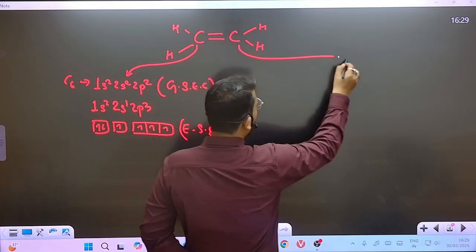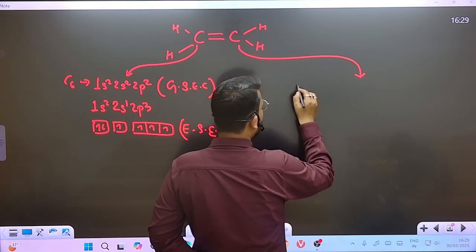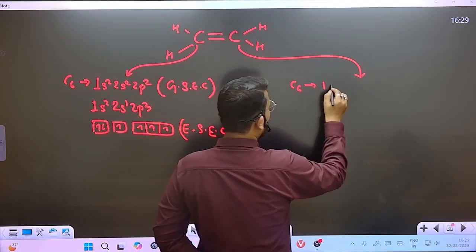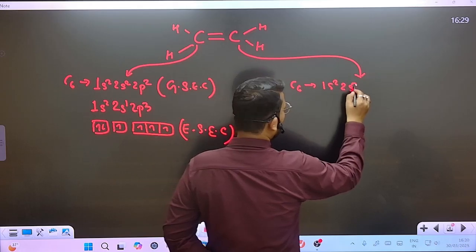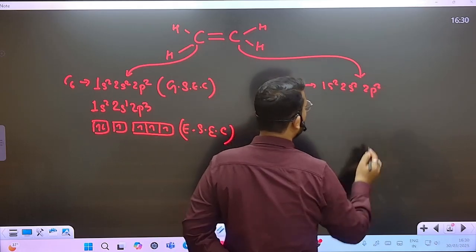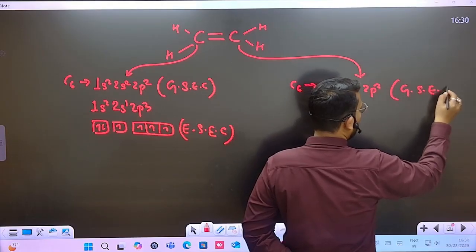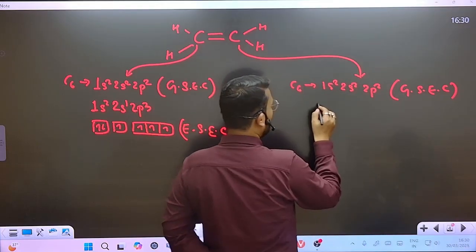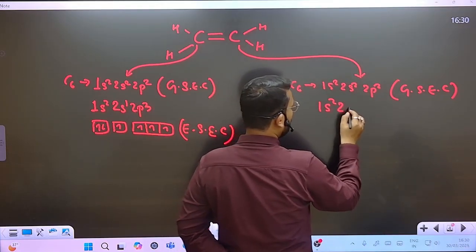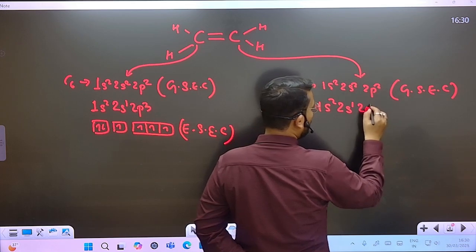Next, in this carbon, the same way, this will be 1s2, 2s2 and 2p2. This is the ground state electronic configuration, and 1s2, 2s1 and 2p3.